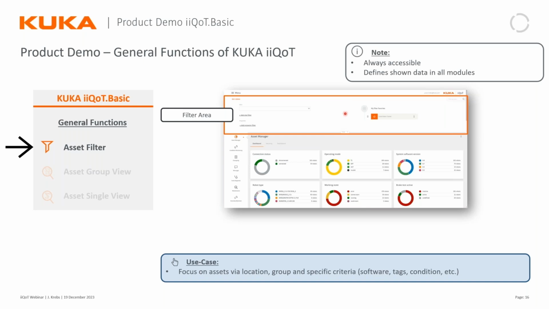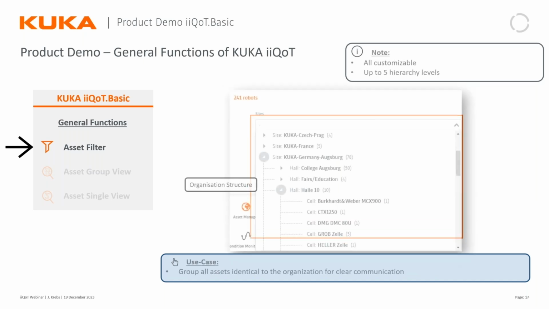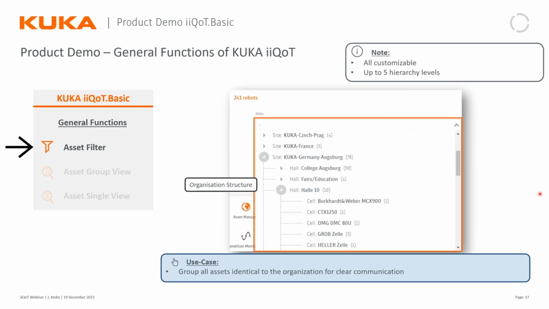a filter button, so we can fold that out, and we have an area for filters. And these filters, whatever we set in there, determine what kind of robots we're focused on in our modules. If we look at these filters, we have the site filter where we can basically select specific robot clusters in a specific hierarchy level.